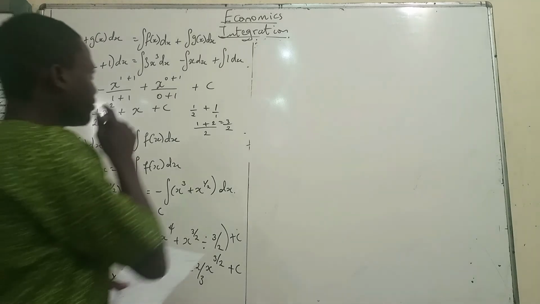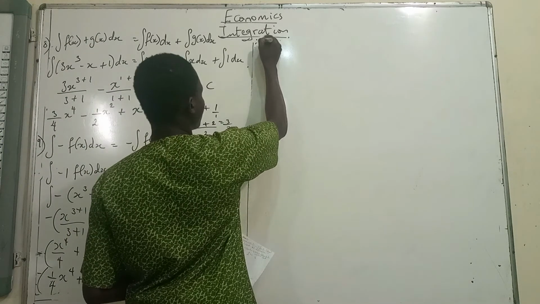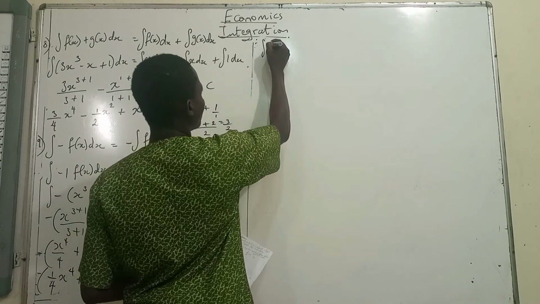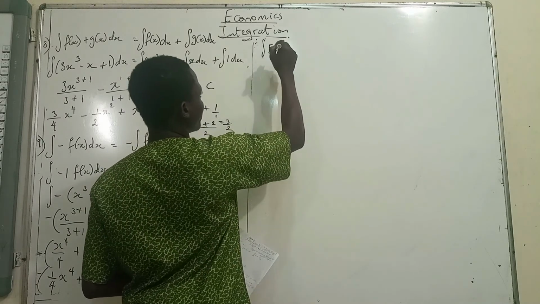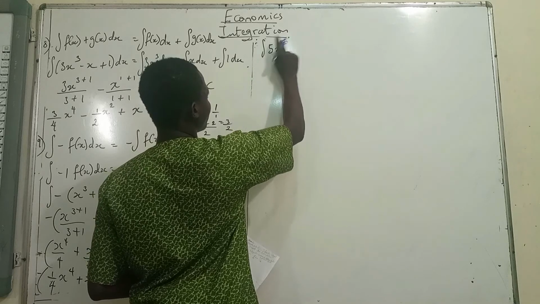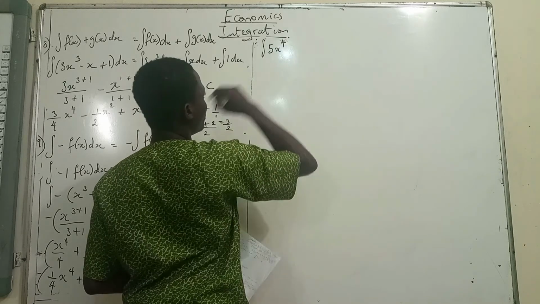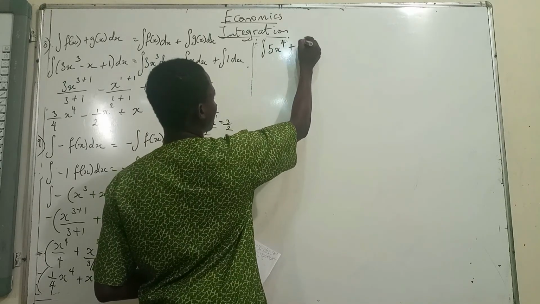So let's say we are integrating 5x to the power 4, then plus 13.